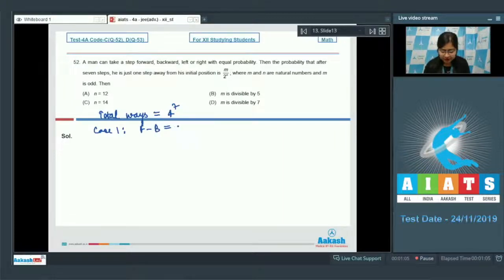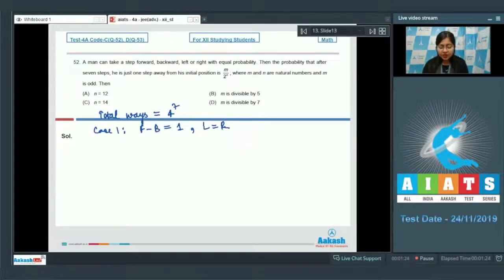So forward minus backward should be equal to 1 and left should be equal to right. That is, the number of steps taken in the left direction should be equal to the number of steps taken in the right direction, and the number of steps taken forward should be equal to 1 plus the number of steps taken backward.